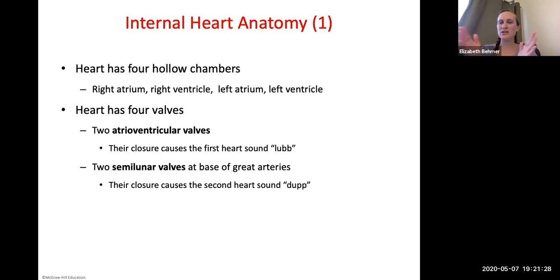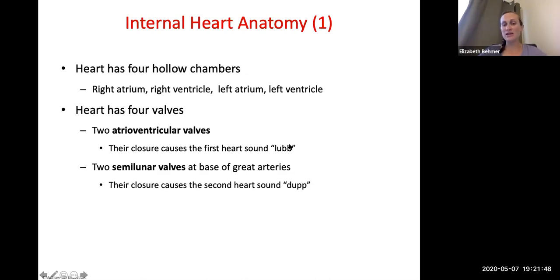The closing of these valves also makes a significant sound, and the closing of these two sounds together make that lub-dub, lub-dub, lub-dub sound you can hear in a stethoscope. And when your doctor is listening for those heart sounds, they're listening for any murmurs.